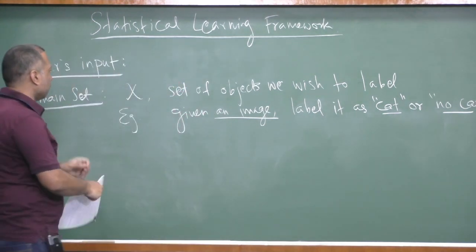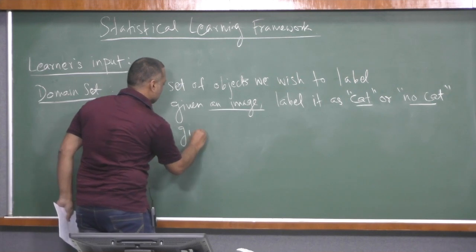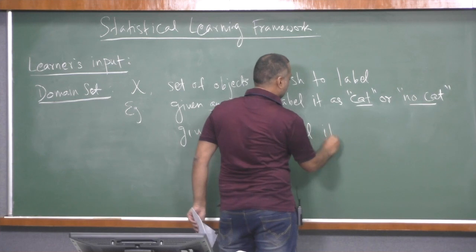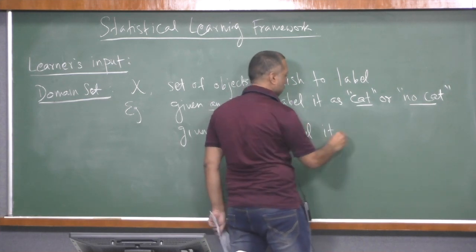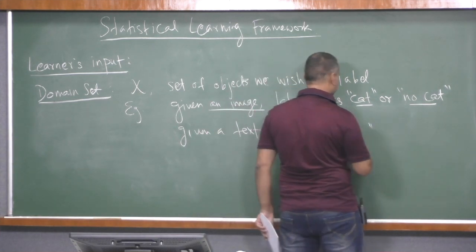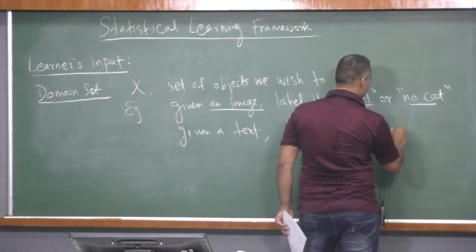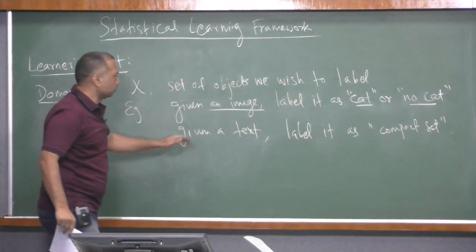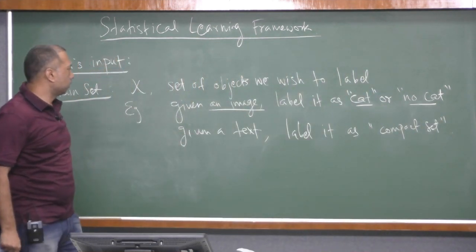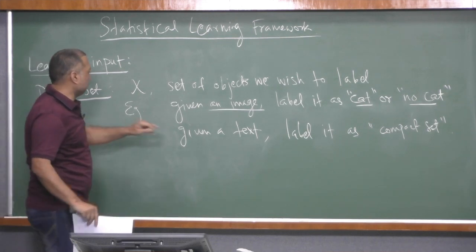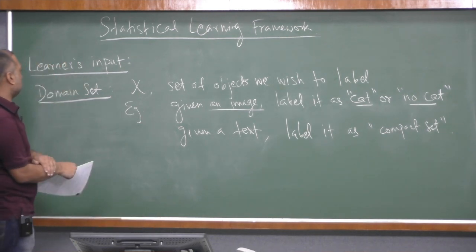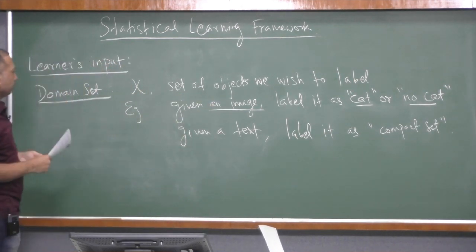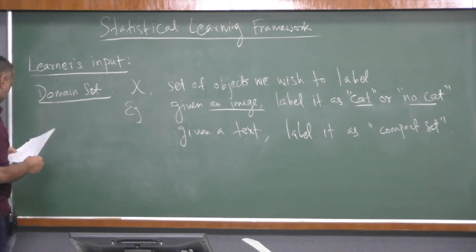So given a text, label it in terms of topic, let's say as a compact set definition. Since we are mostly from maths, we will see a lot of examples from there. So the learner needs a domain set, essentially a set of objects that it wants to learn, or label.